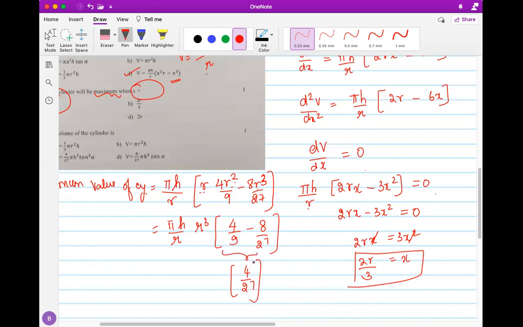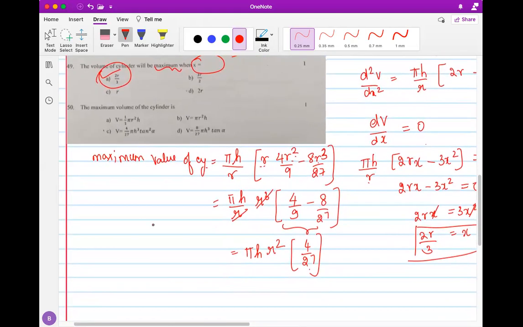Work it out, you get 4 by 27, and pi into h into r square. So that is pi into h into r square, where we get 4 by 27.